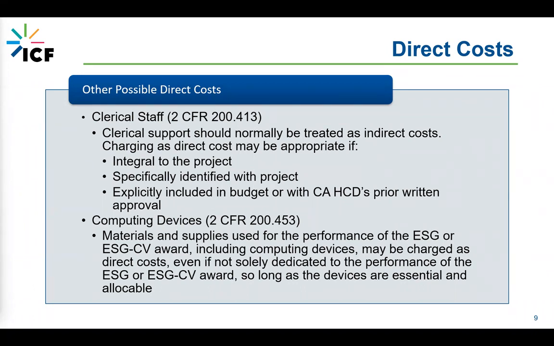The Uniform Administrative Requirements at 2 CFR 200.453, however, allow computing devices to be charged as direct costs, even if not solely dedicated to the performance of the ESG or ESGCV award, so long as the devices are essential and allocable to the ESG or ESGCV award.